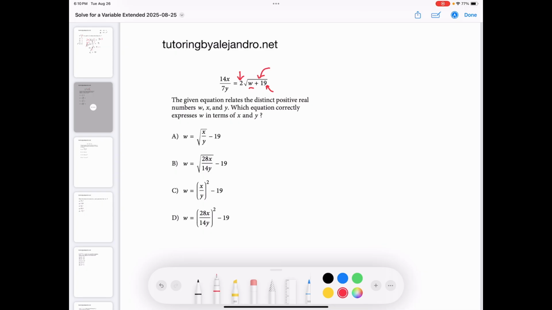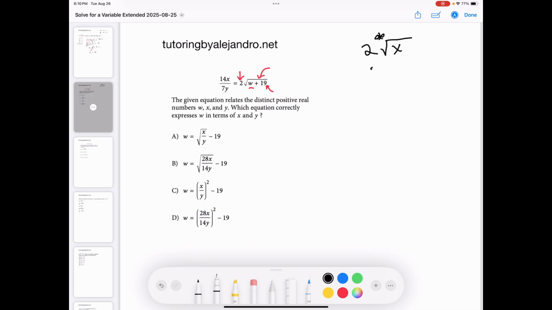And if you remember the tip from the previous exercise, we're going to start with whatever's farthest away from the w, right? In this case, it's the 2. Great, we're going to start with getting rid of the 2. Now, we have to identify what operation the 2 is performing. So the 2 is multiplying, because whenever you see a number next to a square root, doesn't matter what's inside, this is a multiplication.